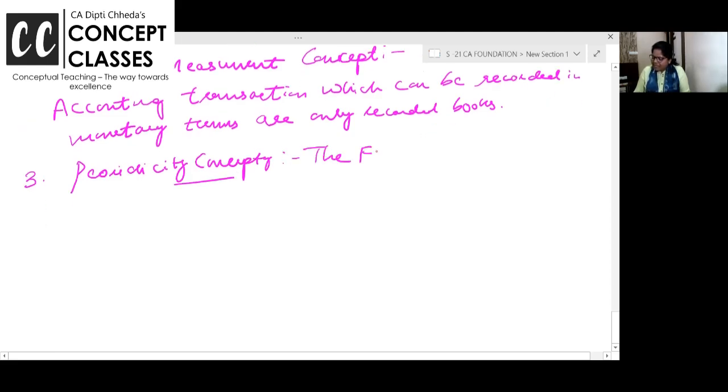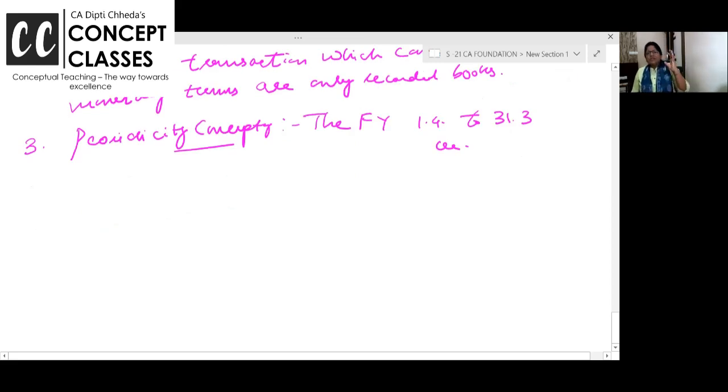The financial year, write it as I am writing: 1st April to 31st March, or the calendar year, January to December. In India, we follow the financial year for income tax. But in accounting books, they may give you June year ending, December year ending, anything.